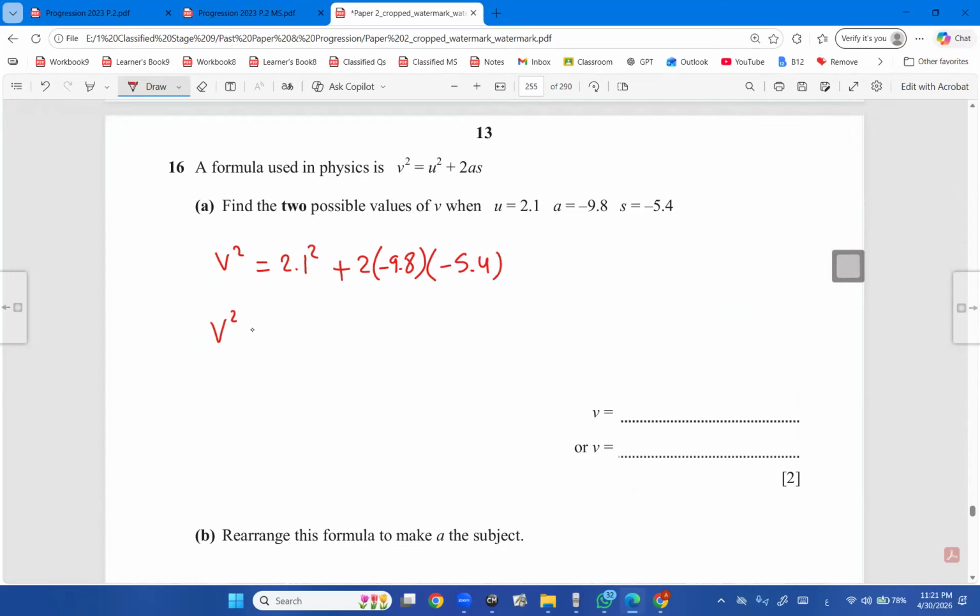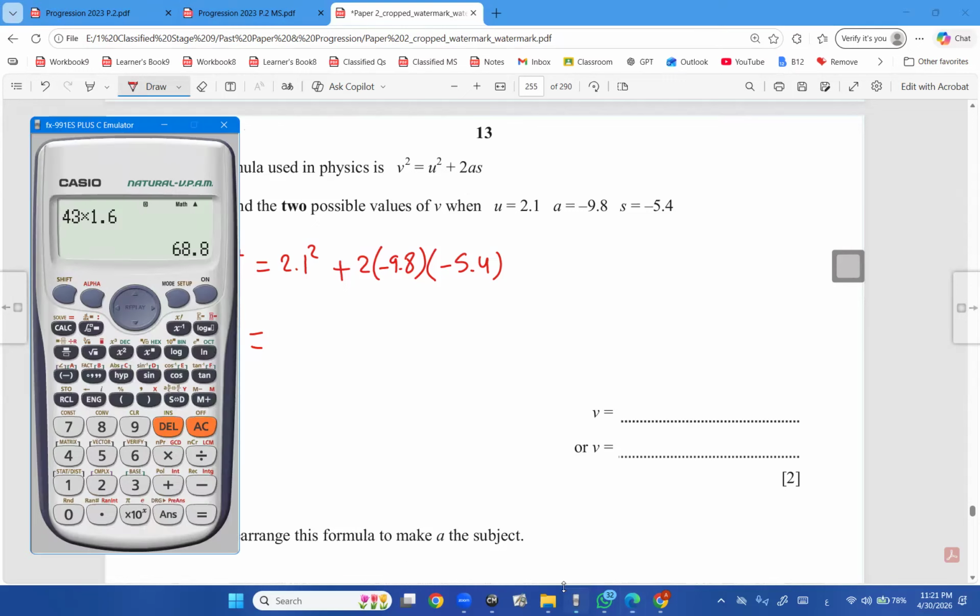So v squared equals, and get your calculator, do that: 2.1 squared plus 2 multiplied by -9.8 and multiplied by -5.4. All of this is going to be equal to 110.25.